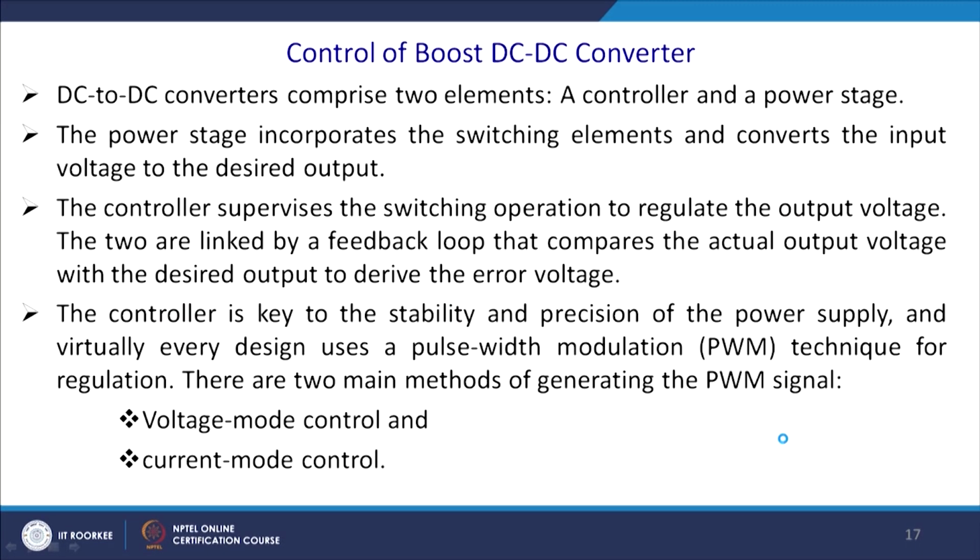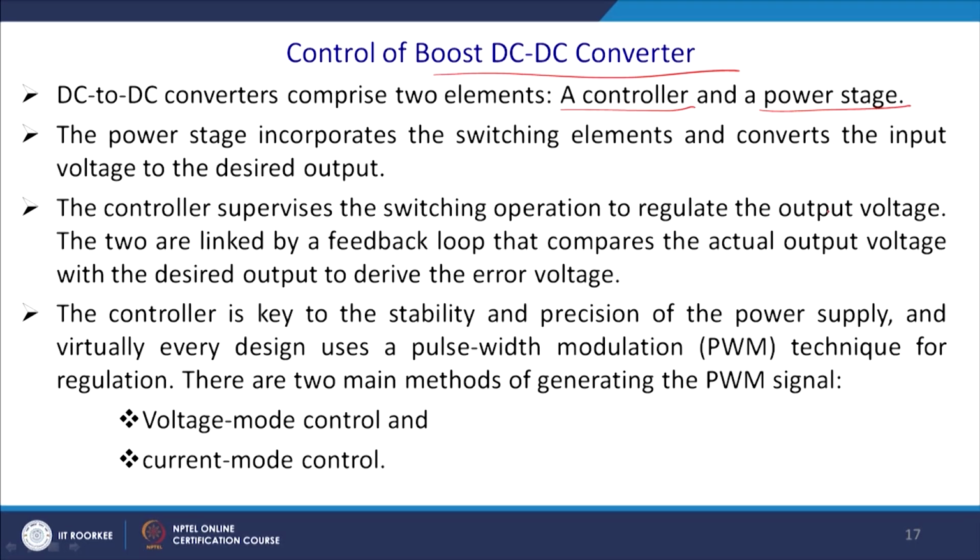Now, let us come to the next topic, that is control of boost DC to DC converter. The DC to DC converter comprises two elements, one is the controller, another is the power stage. The power stage incorporates the switching element and converts the voltage to the desired output level. The controller supervises the switching operation to regulate the output voltage.